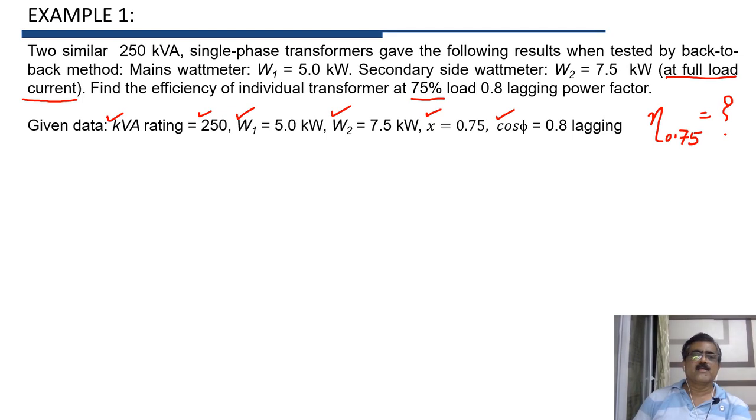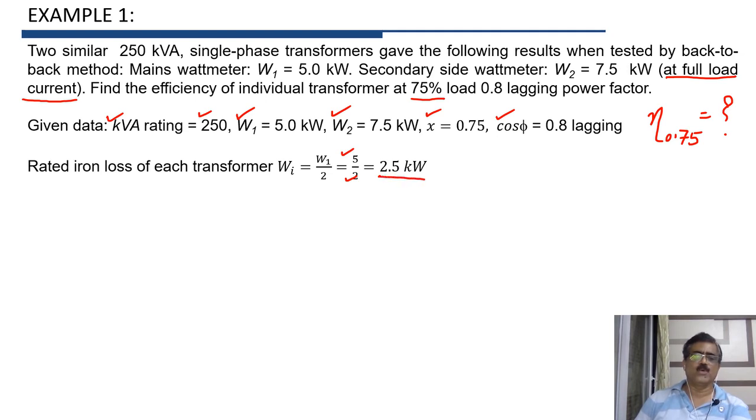So here the rated iron loss of each transformer will be equal to Wi, and Wi must be equal to W1 upon 2. So W1 is 5, so 5 divided by 2, so iron loss in each transformer is 2.5 kilowatt.